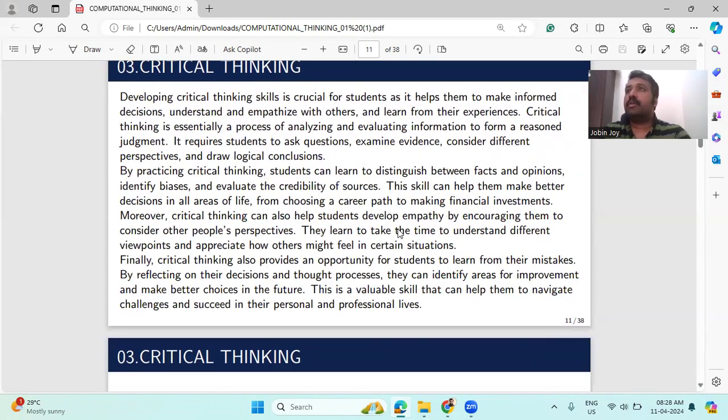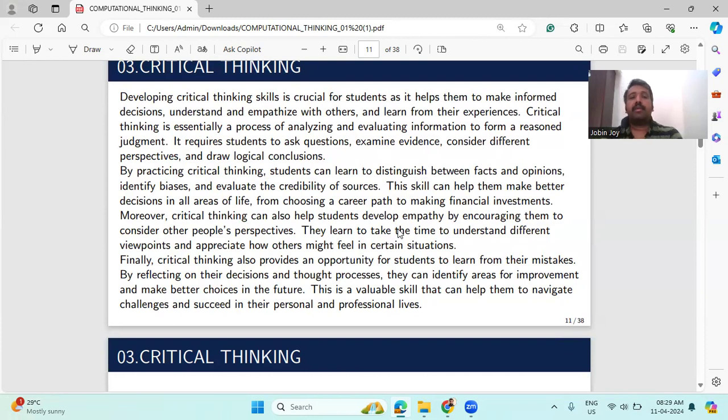Then promoting the concept of critical thinking. Developing critical thinking skills is crucial for students as it helps them to make informed decisions, understand and empathize with others, and learn from their experiences. Critical thinking is essentially a process of analyzing and evaluating information to form a reasoned judgment. It requires students to ask questions, examine evidence, consider different perspectives, and draw logical conclusions.